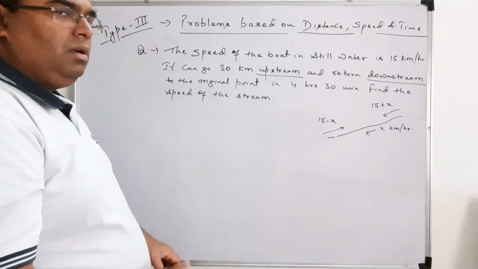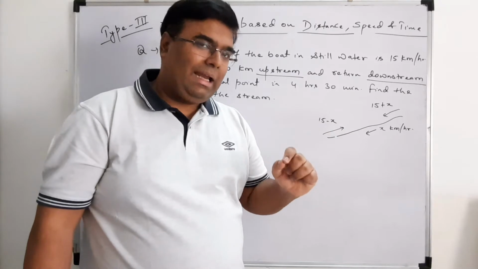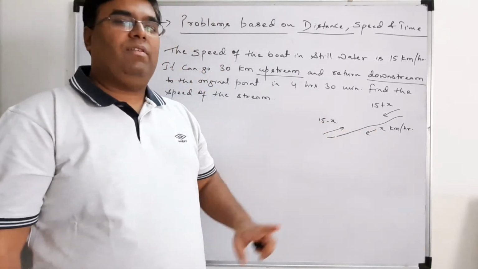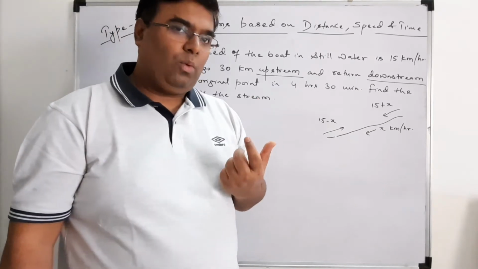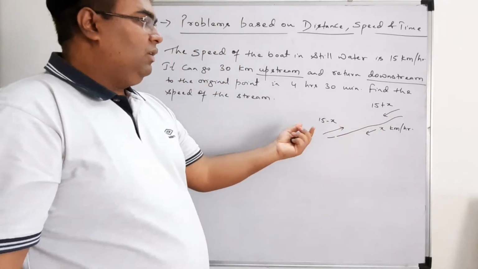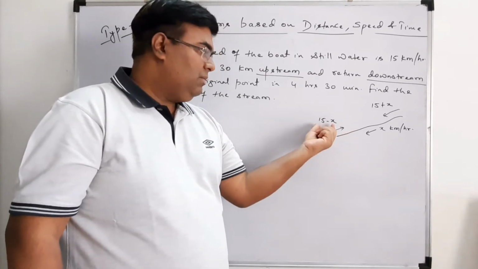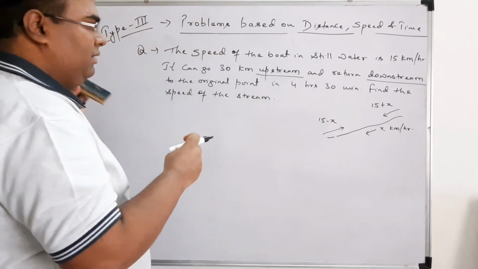Remember that you write 15 minus x, not x minus 15, because x will always be lesser than 15. Because if stream speed is more, then the boat cannot travel, right? So x is lesser than 15, so this is my upward speed, this is my downward speed.